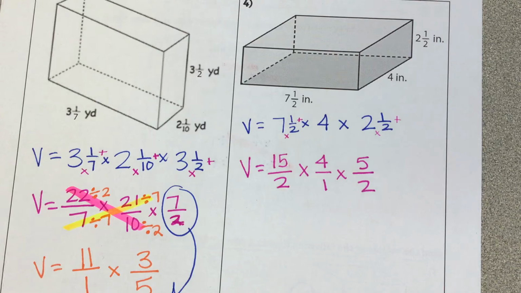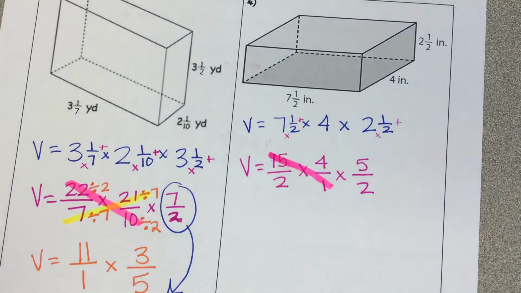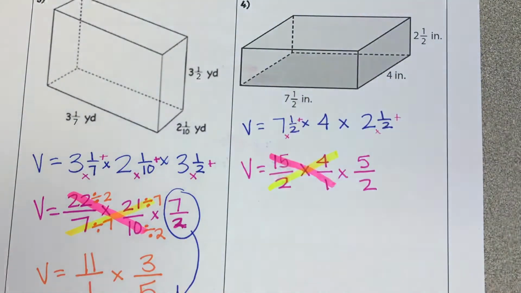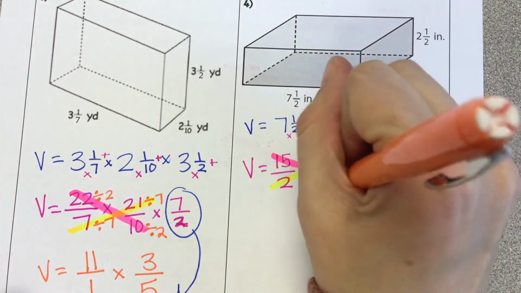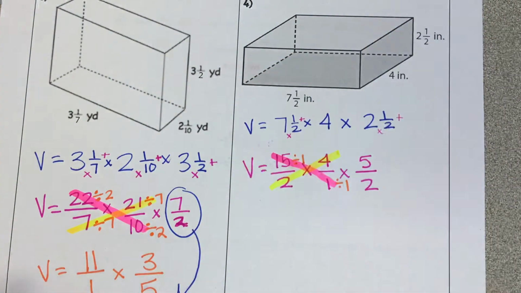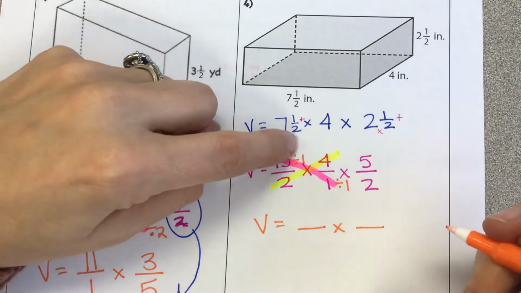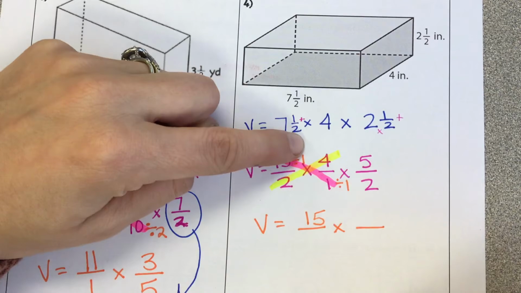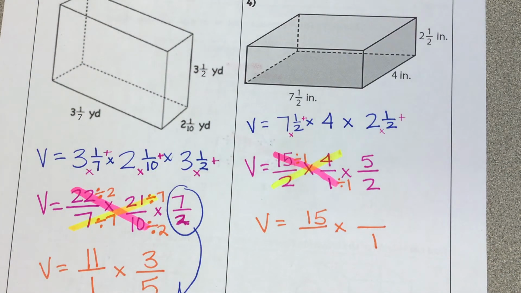Now let's just look at our first pair of fractions to see if they simplify. So looking at my first diagonal, 15 and 1. Well, 1 is only going to divide by 1. So the only thing they could possibly divide by is 1. 15 divided by 1 is just going to be 15. 1 divided by 1 is just going to be 1.